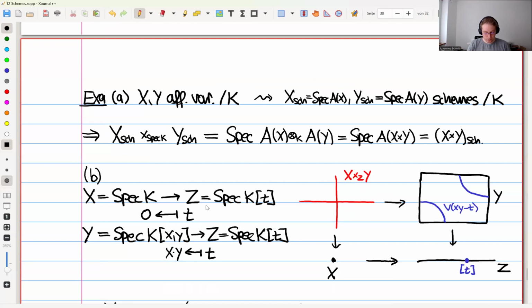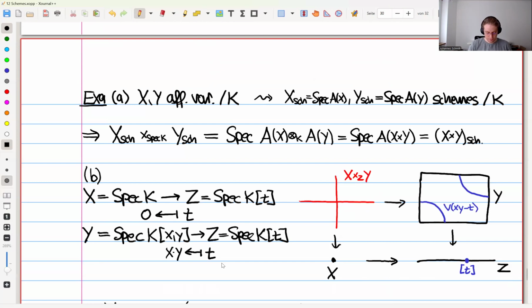And this maps to Z here, which is the scheme associated to the affine line. And the map on the level of rings is obtained by sending t to 0. And you should convince yourself this map exactly corresponds to the map of varieties, which takes a point and inserts it at 0 in this affine line.